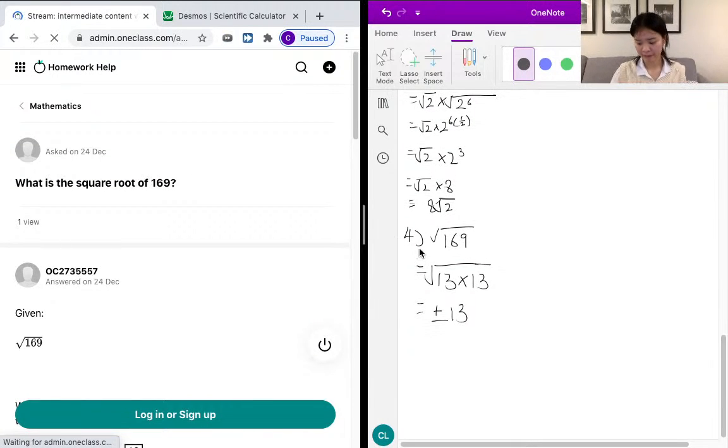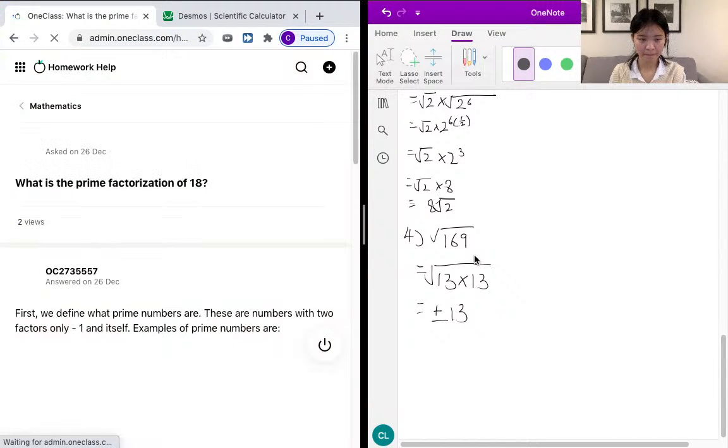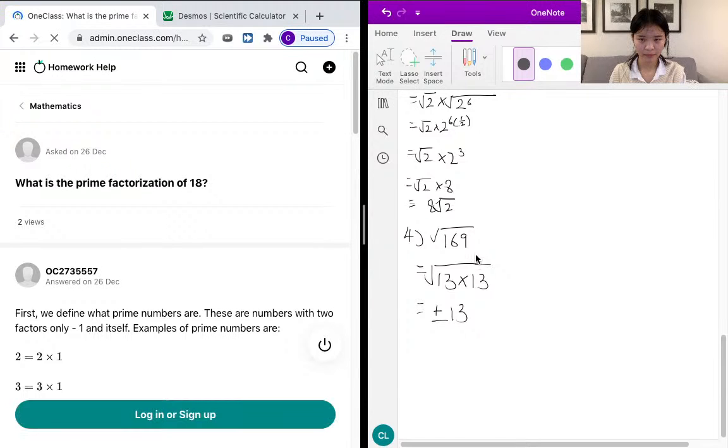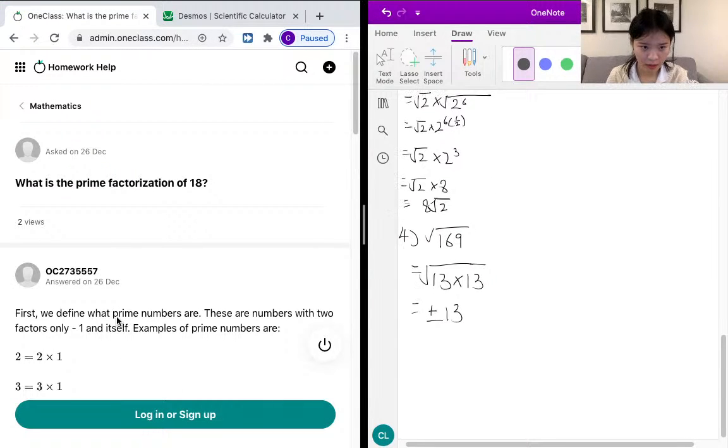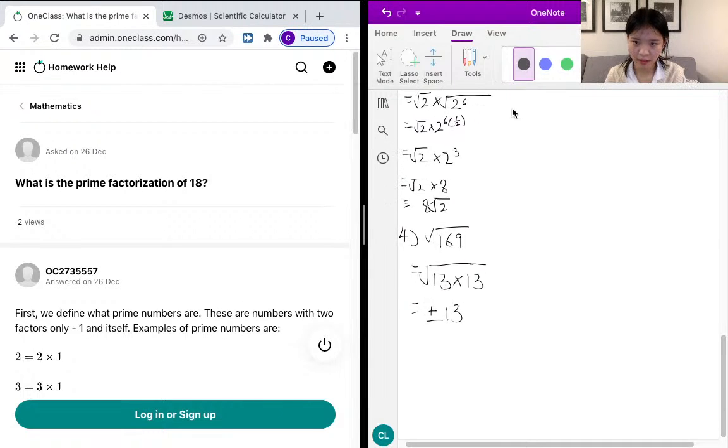Okay. Now let's move on to our fifth problem, which is asking us for the prime factorization of 18. It's really similar to what we did before, but it's probably shorter because 18 is a smaller number.